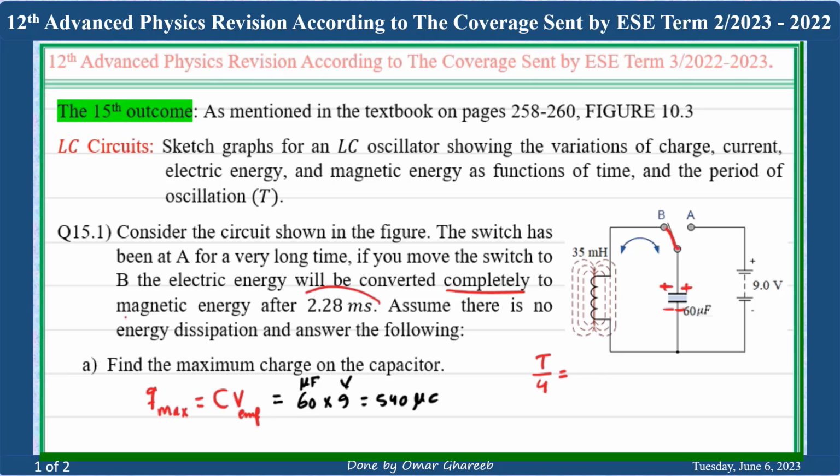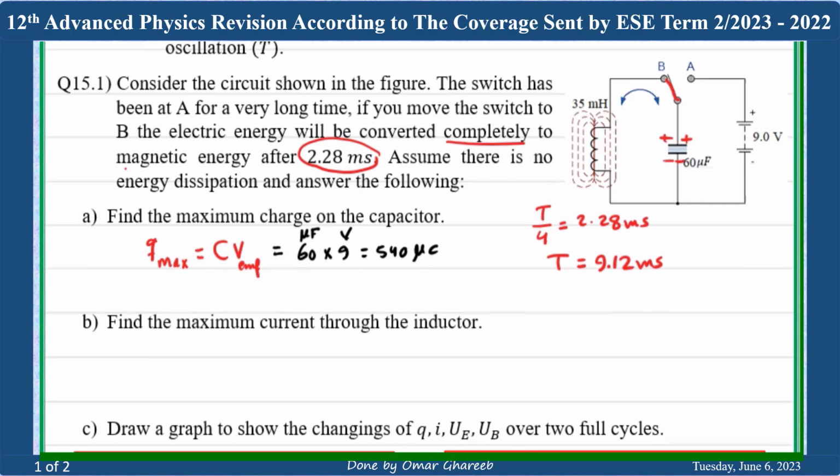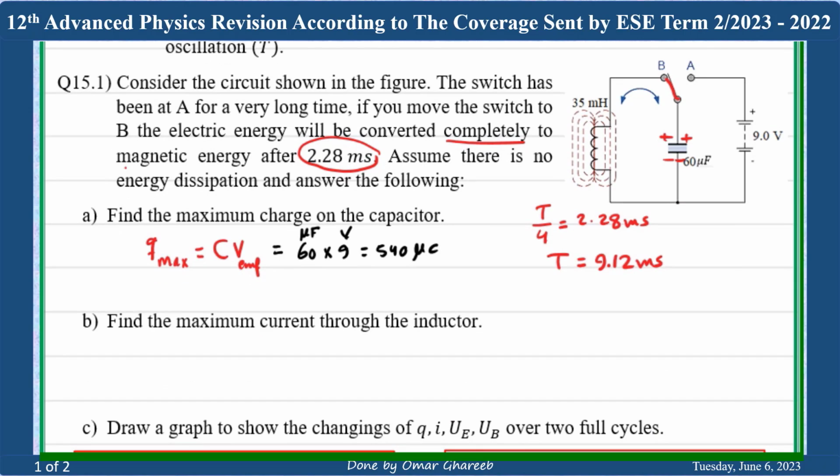How much is it? It is 228 milliseconds. So T equals almost 912 milliseconds. This is the period. By the period, we can find omega.